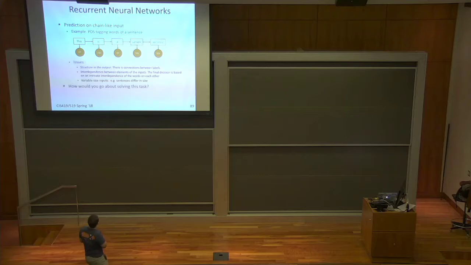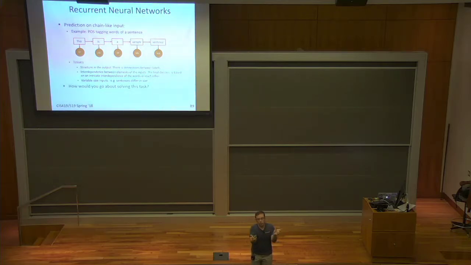Now, what are the challenges? One challenge is that different sentences have different lengths. So if I want to create a system that does this, I have to be able to create a system that takes care of different sentences with varying size.